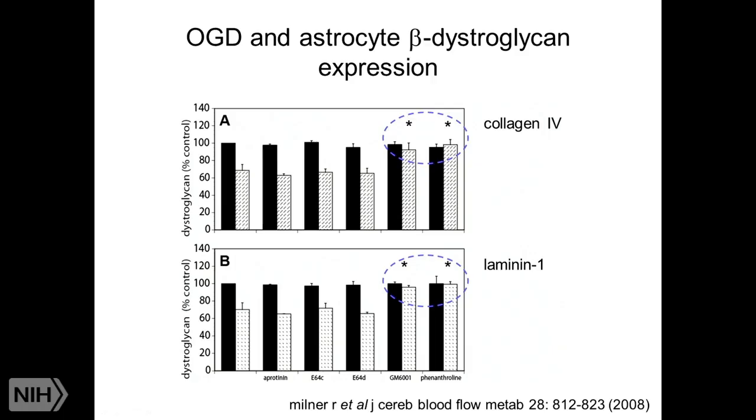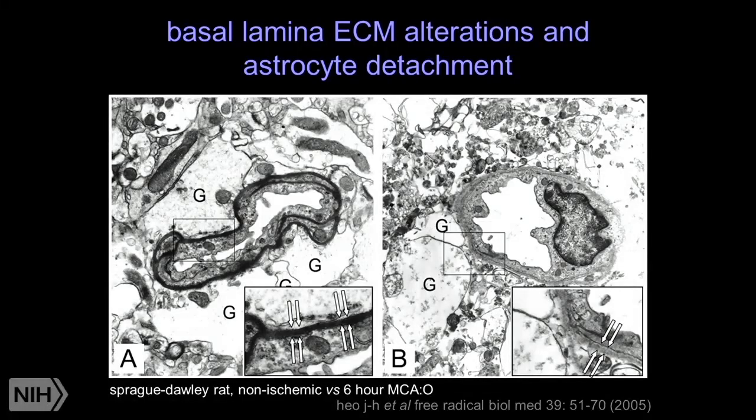That is GM6001 and 1,10-phenanthroline. And it doesn't matter whether the cells are grown on collagen 4 or laminin 1. It appears as though there is a protease-dependent loss of beta-dystroglycan, which is associated with this change. Now, why is this important?